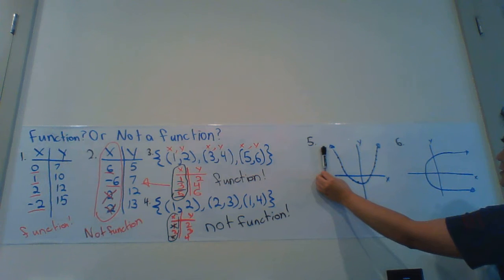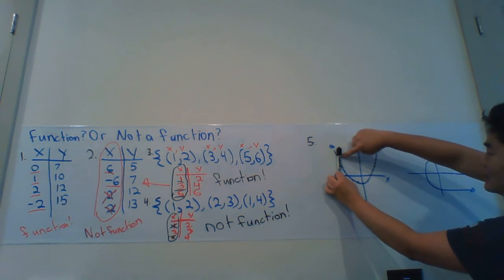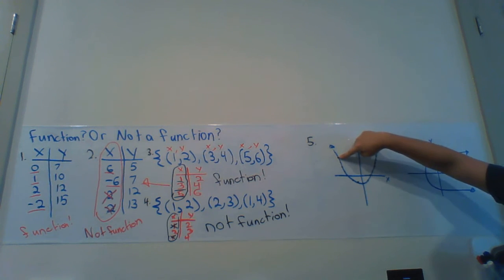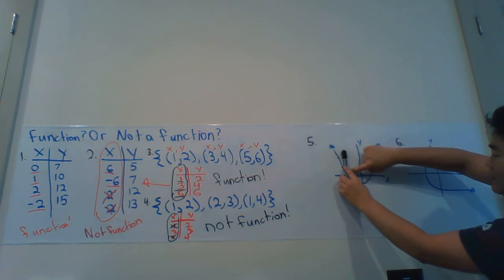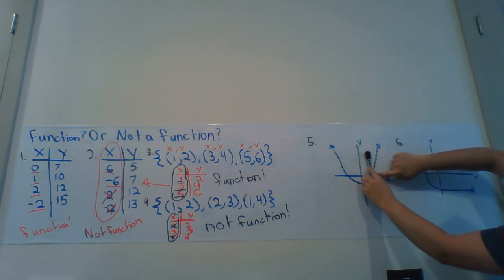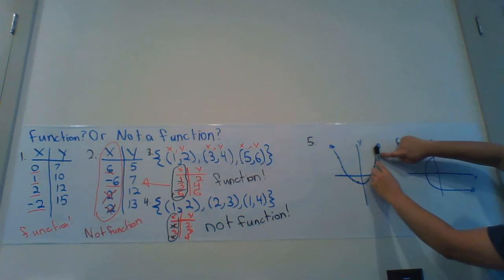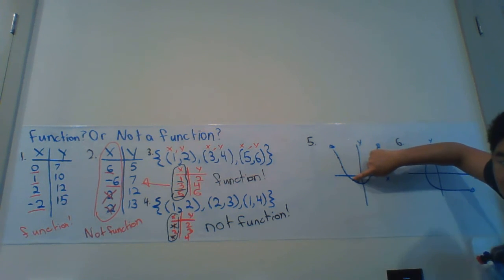So if I start over here and I go all the way over here, I see that my marker hits my graph right here. So if I keep going, I'm making sure that this marker hits my graph only one time every time. So if I'm over here, it only hits here.